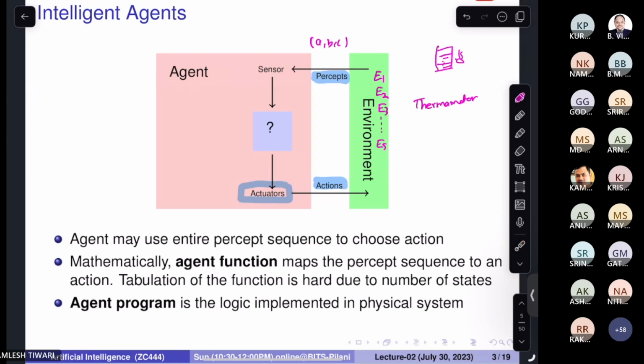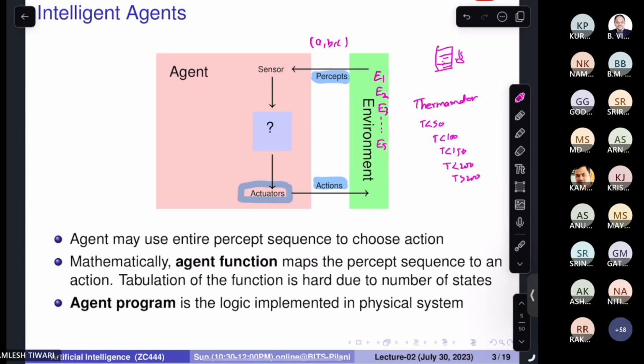So it could be that the temperature is less than 50 degrees, between 50 and 100, between 100 and 150, between 150 and 200, or greater than 200.